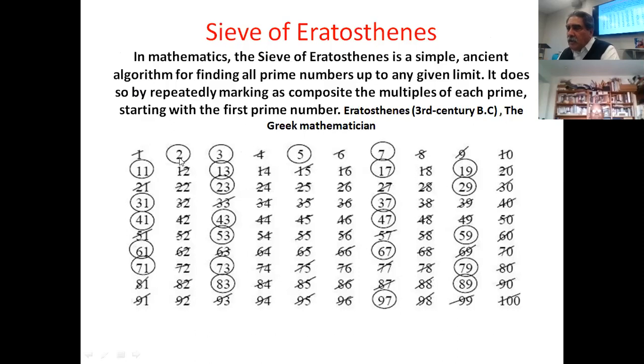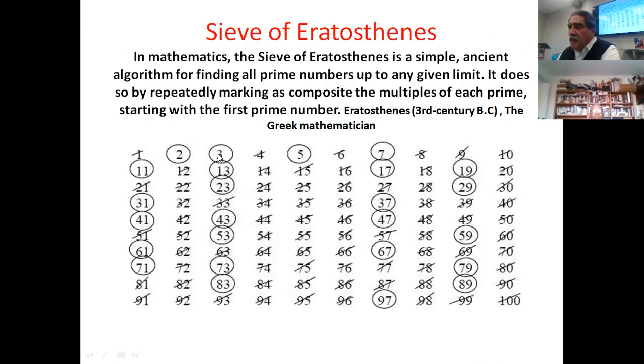We cross out 1, we circle 2, because 2 is a prime number. 2 can be divided only by itself or 1, and the remainder is 0. So we cross out all the multiples of 2: 4, 6, 8, 10, 20, 28, everything like that.